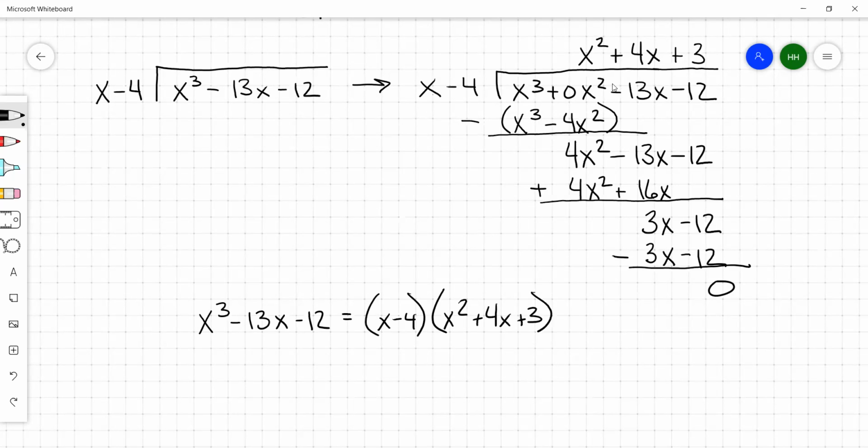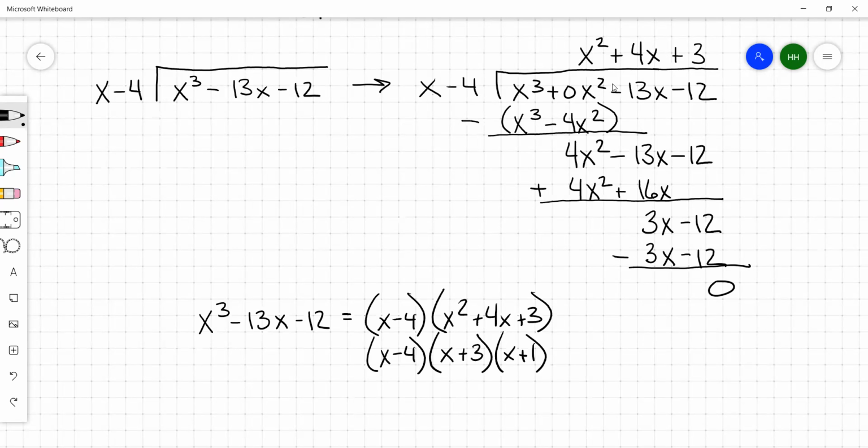Which is also x minus 4 times x plus 3 times x plus 1. Agreed? In factored form? All right, so if you were asked, is x minus 4 a factor? It is, and it is because it goes in with a 0 remainder, right? All right, well done.